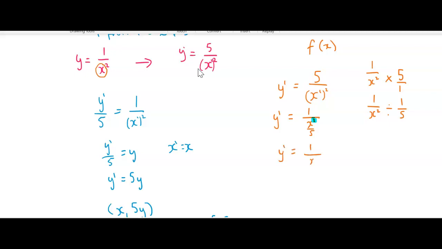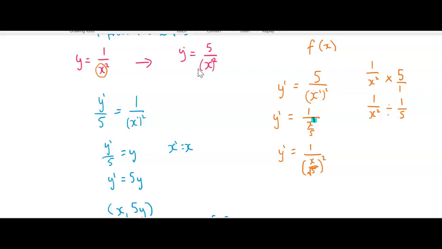So if I put the x over 5 in my brackets and square it, I've now changed that value of 5 and I can't change it. If I was to square that 5, I'm going to get 25. But I want it to be 5, so I'm going to have to take the square root of 5, because squared of a square root, you're just left with 5.